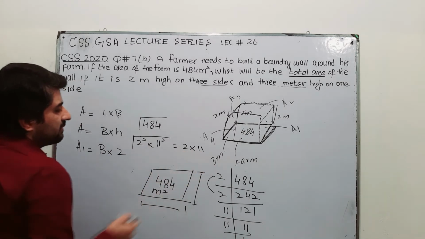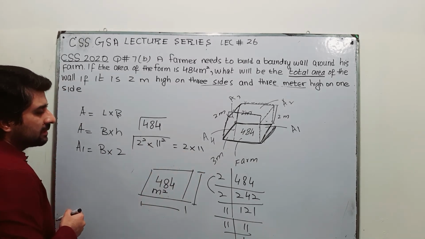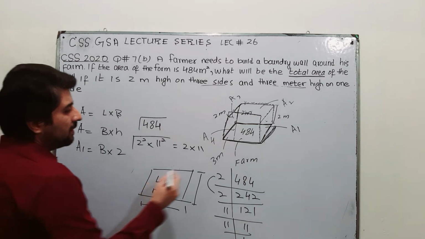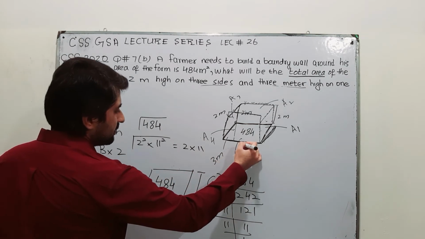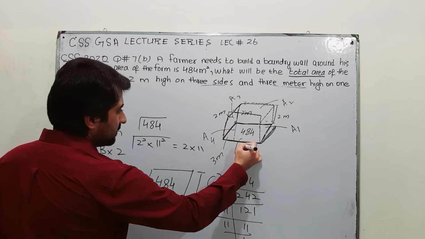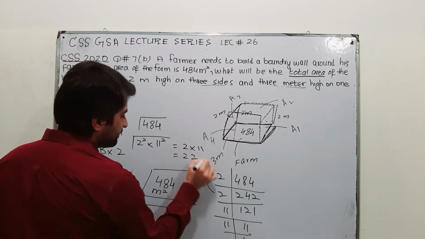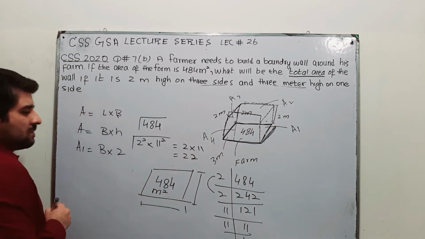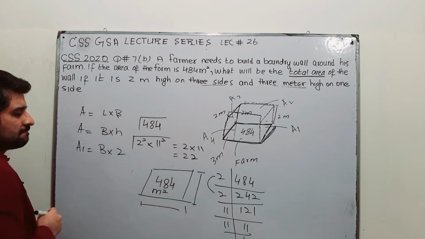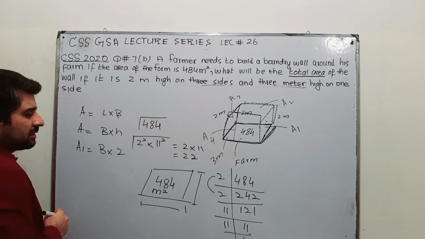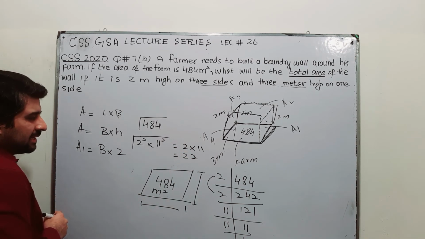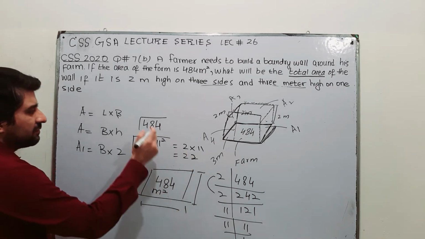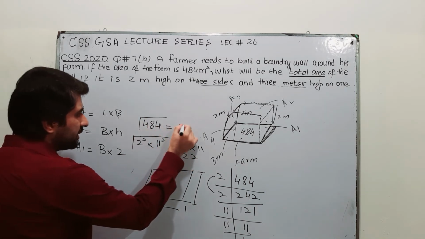Now 2 into 11 is basically 22. Well, this means that if you take the square root of 484, it will be 22.